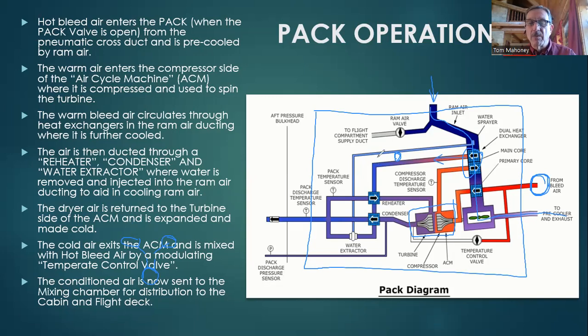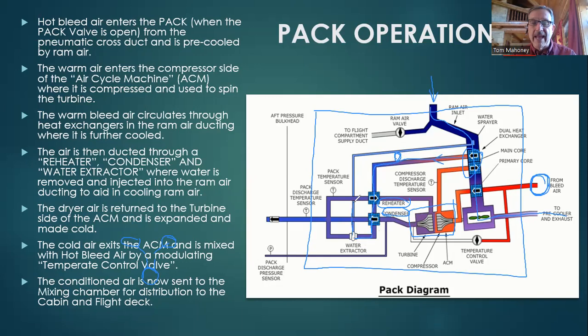So let's take a look at what it's doing. Coming down this way, going down through basically a reheater, and then it continues on through a condenser, and then it continues on. The air goes through a water extractor.